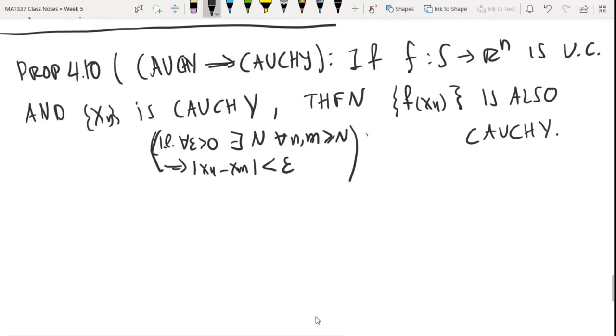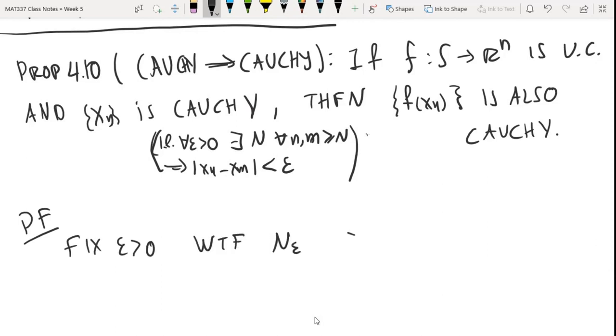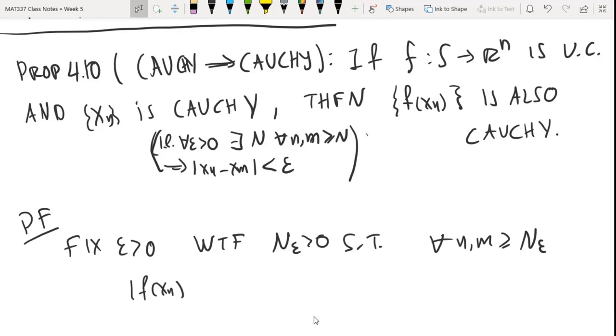Yeah, the proof is very short, so let me do it. So fix epsilon, want to find n epsilon such that f of xn minus f of xm is less than epsilon.